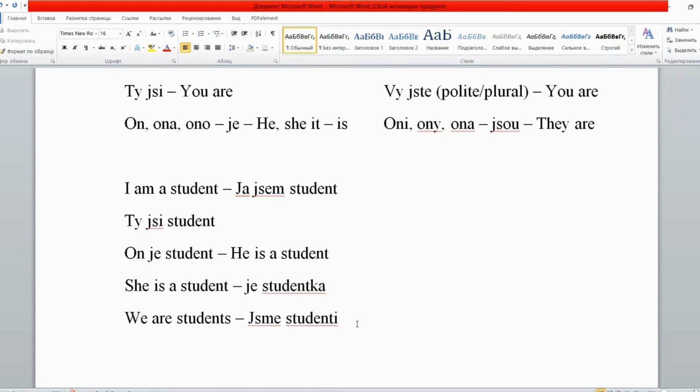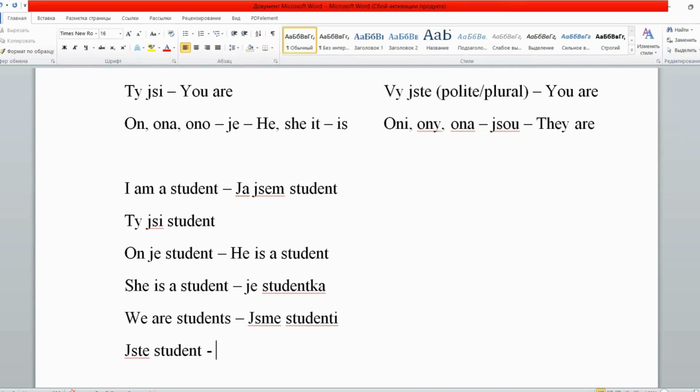Let's try to use the polite or plural version. It's easy. Jste studenti.